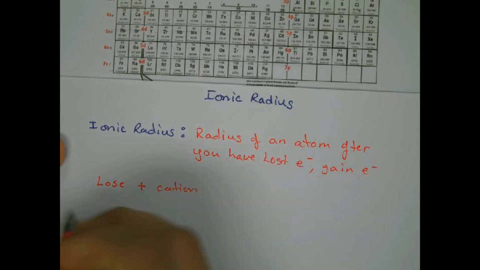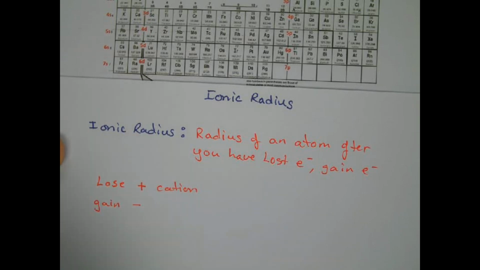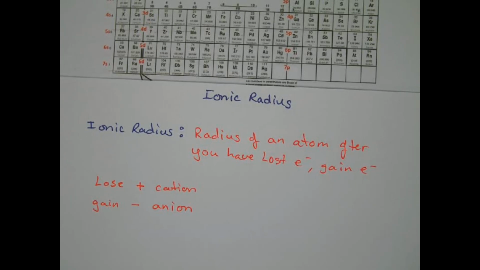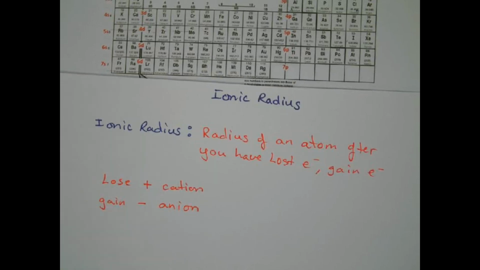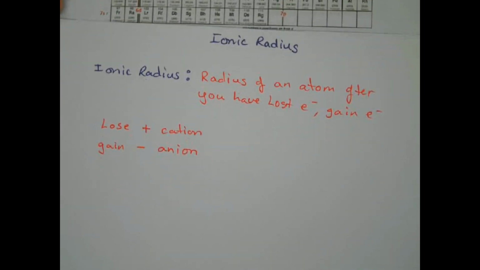And when you gain an electron, you take on a negative charge, and we call this an anion. So when you lose an electron, you take a positive charge. When you gain an electron, you take on a negative charge. Those are called cations and anions. So let's get into ionic radius.